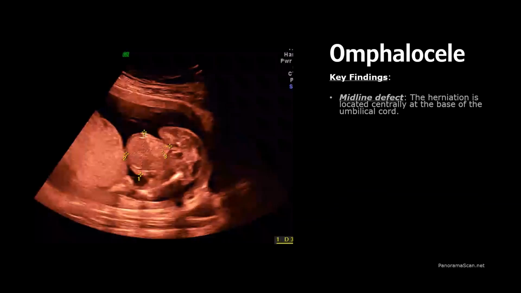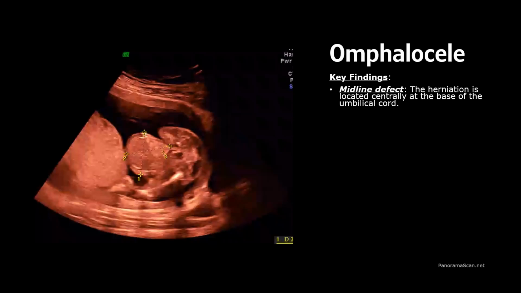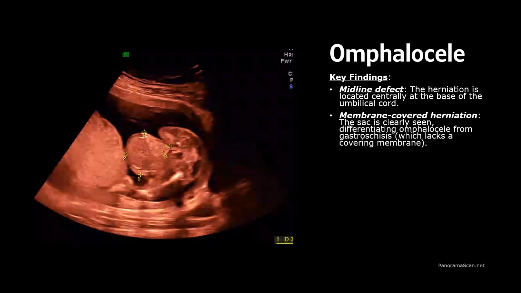Omphalocele is a midline abdominal wall defect where abdominal organs herniate into a membranous sac at the base of the umbilical cord. One of the key distinguishing features is the presence of this membrane, which differentiates omphalocele from gastroschisis, where the herniated organs are exposed without a covering.